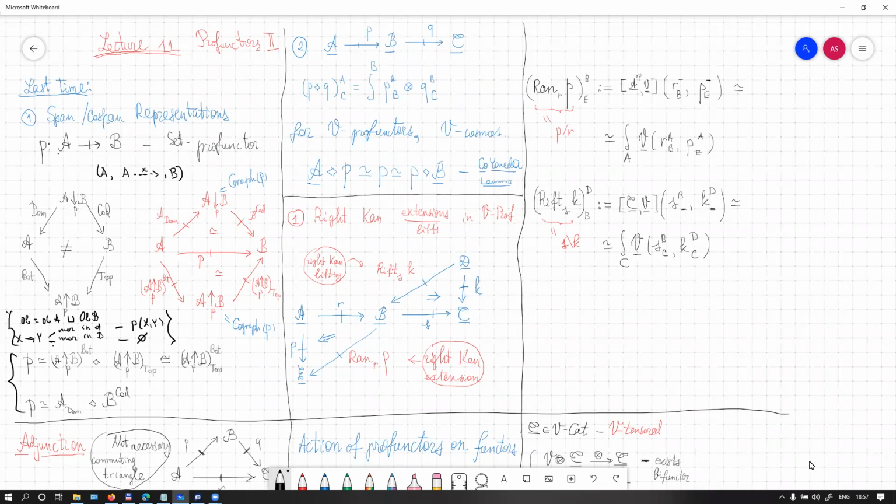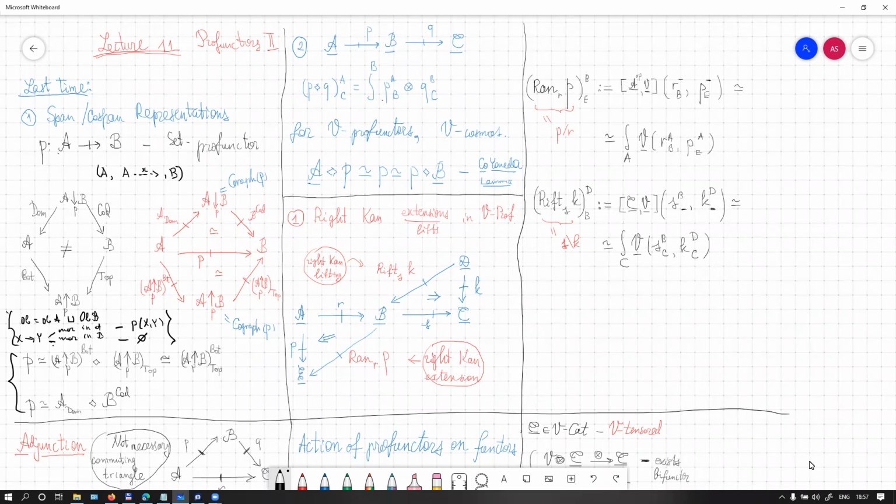This was what we did last time, and even before that, we defined a composition. The composition of two profunctors P and Q at a pair AC is given by the coend of the following bifunctor.